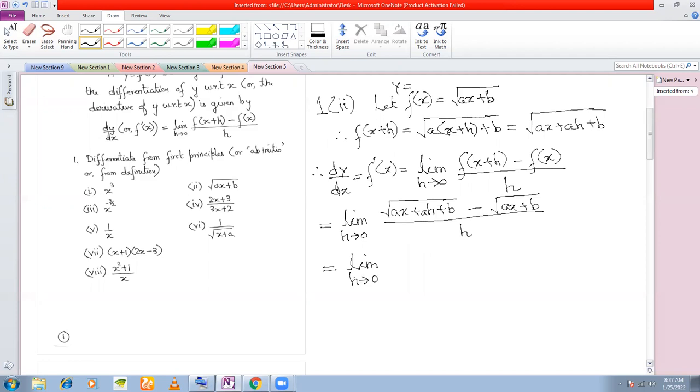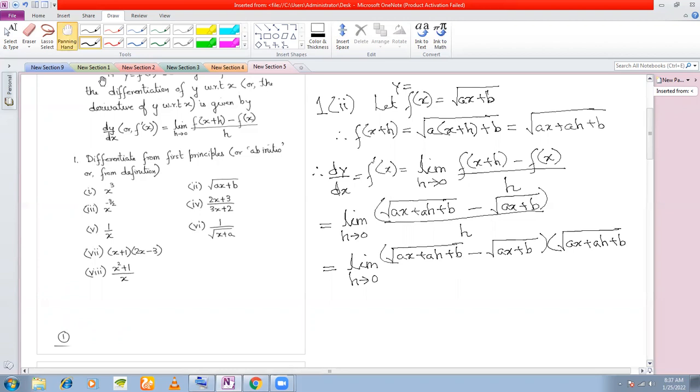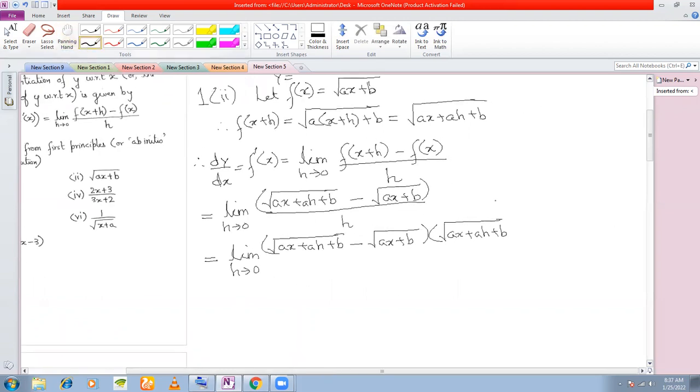What are the changes? We actually need to rationalize the numerator by multiplying by the rationalizing factor. So you multiply the numerator and denominator by the rationalizing factor. And what is the rationalizing factor in this case? It is root of a(x plus h) plus b, plus root ax plus b.